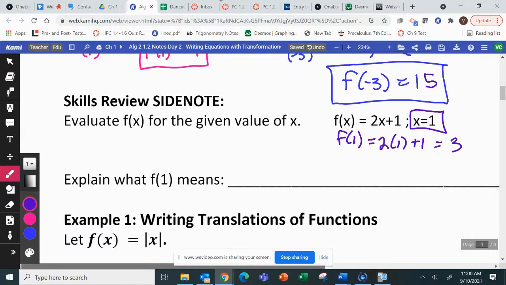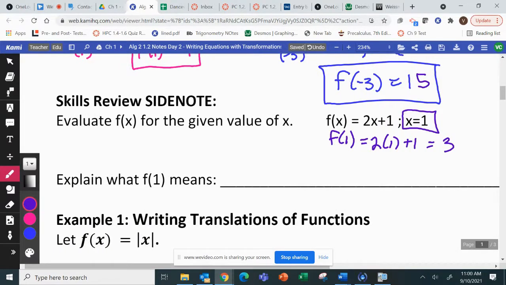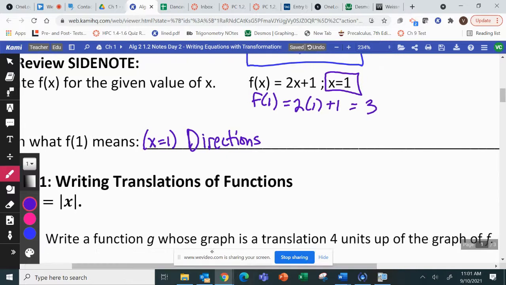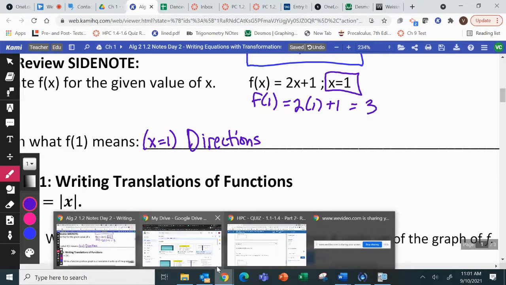So what does f of 1 mean? Okay, so it means x equals 1, but what directions does it tell you to do? Replace all the x's in the problem with 1. Almost perfect. The directions, like f of 1 is directions.